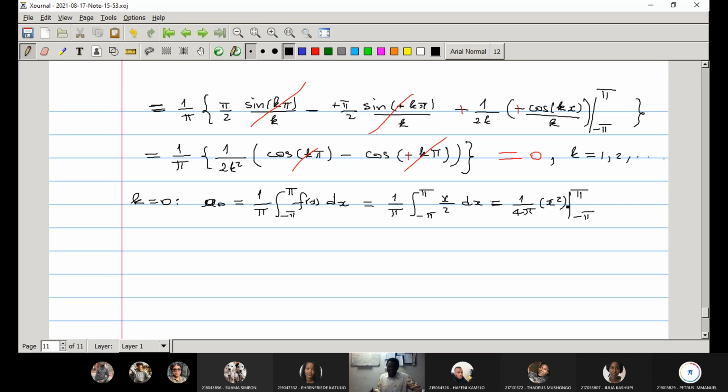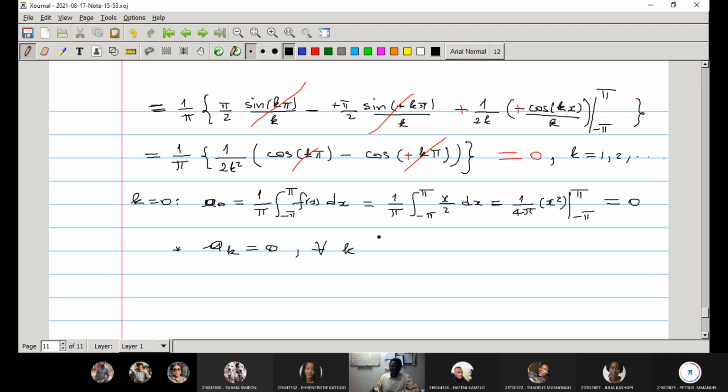But this is an even function, so x squared for x equal to pi is pi squared minus negative pi squared, which is 0 again. Right. So ak is completely 0 for any k, identically for any k, including 0. Okay, so that is it for this one. So ak is always 0.